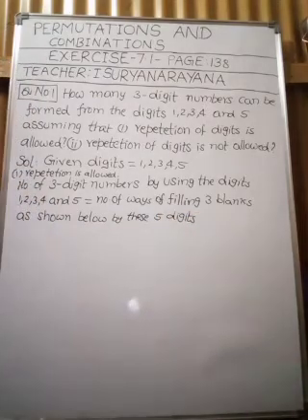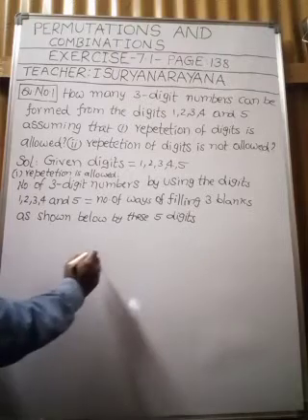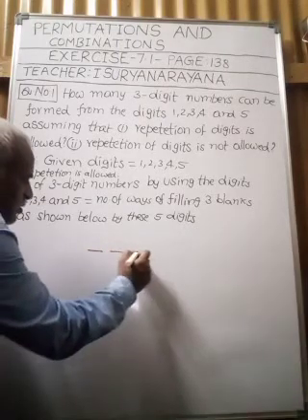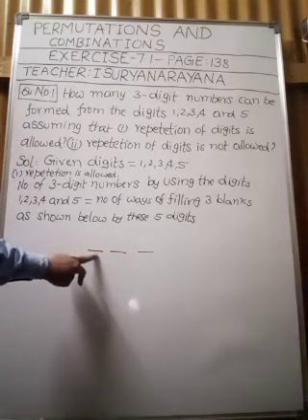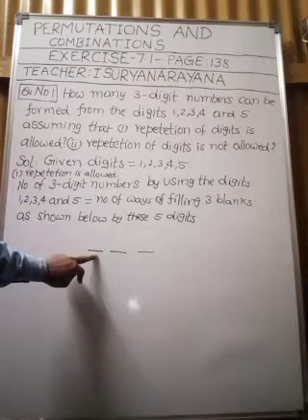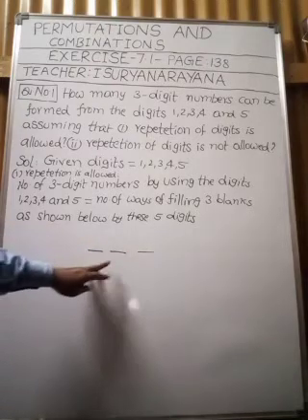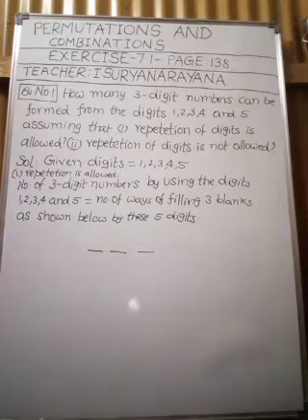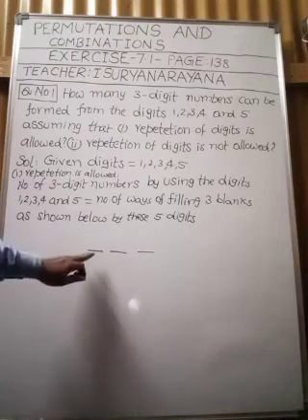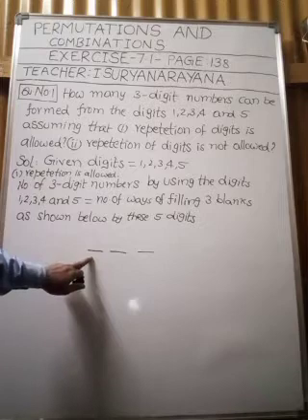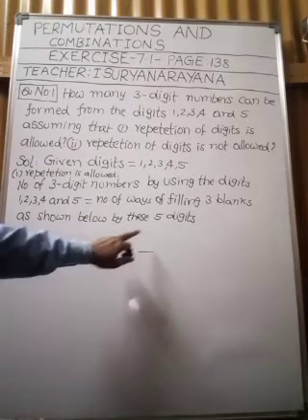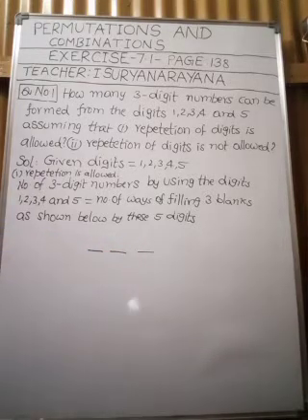Okay, my children. So we have to write 3-digit numbers. So let us take 3 blanks. Let us consider this is the units place, this is the tens place, and this is the hundreds place. A 3-digit number has 3 places: units place, tens place, and hundreds place. If you observe, a 3-digit number must have a hundreds place, a tens place and also a units place.